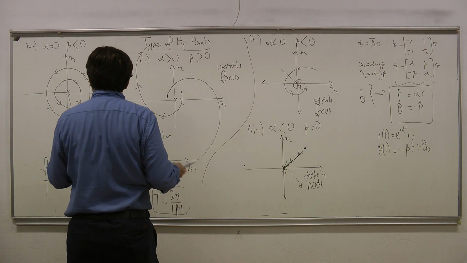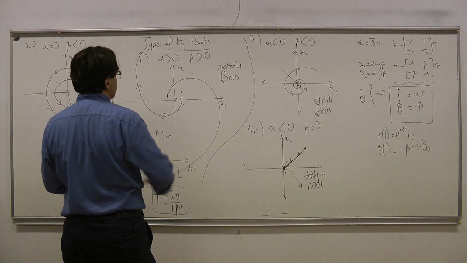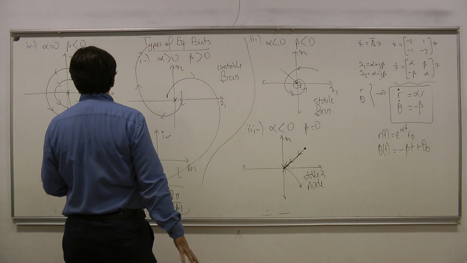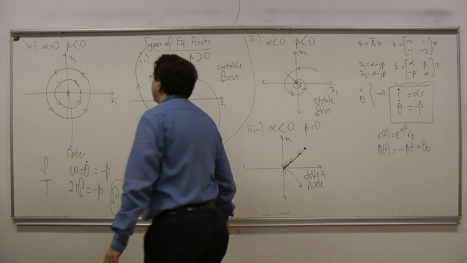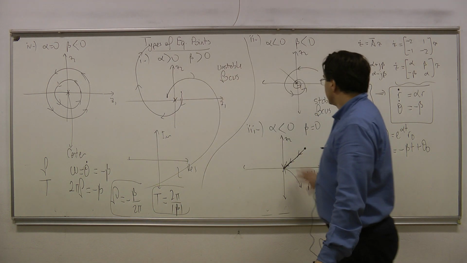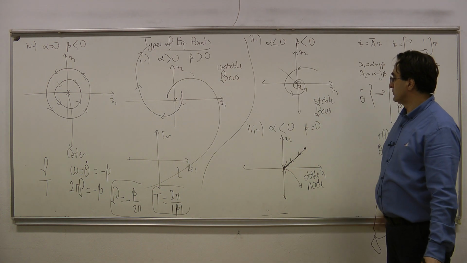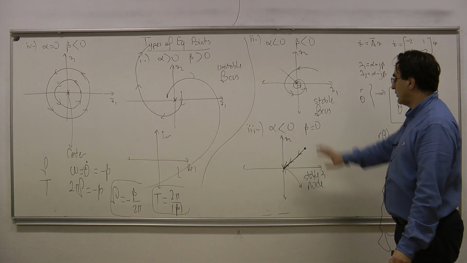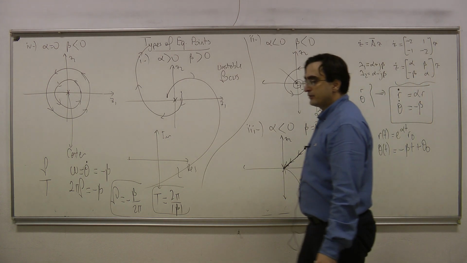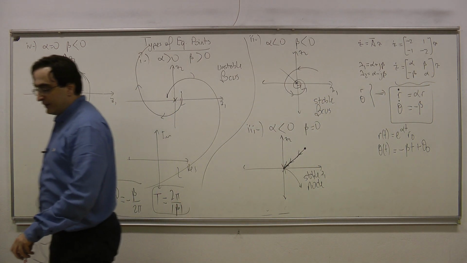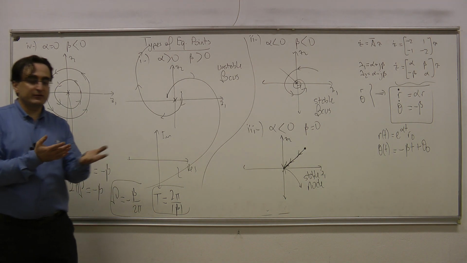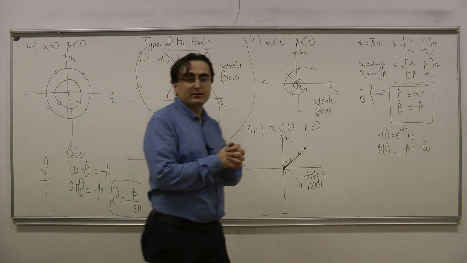So here this completes all the cases. I have stable or unstable focus, or I have a center type. This case does not belong to the complex eigenvalue case at all, and we call this case a stable node. So that completes this lecture of the investigation of the complex case.